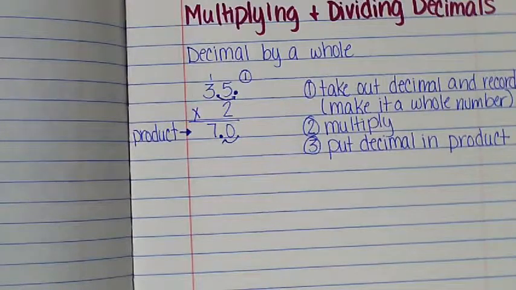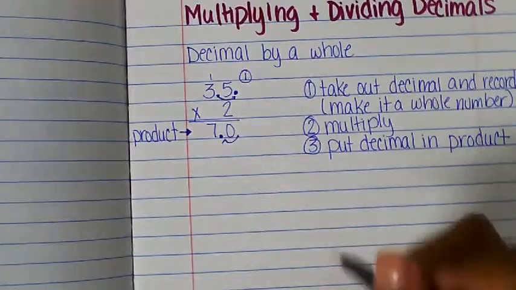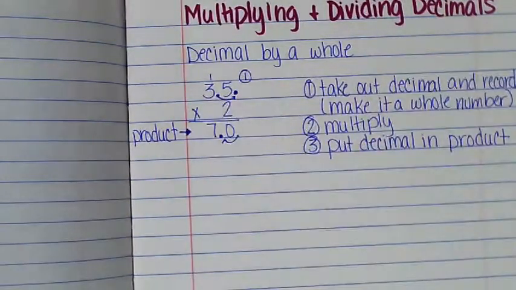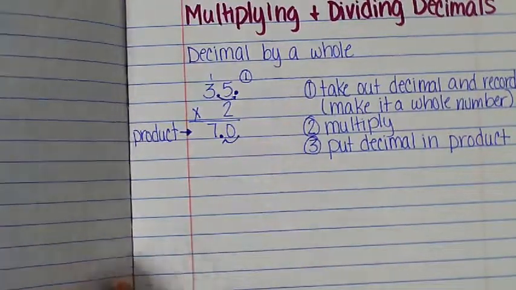So 3 5/10 times 2 is what? 7.0. So it's saying we have 7 ones and 0 tenths. Is that just 7? Yes. All right. Do you guys remember how to do that? All right. So decimal by decimal is next.